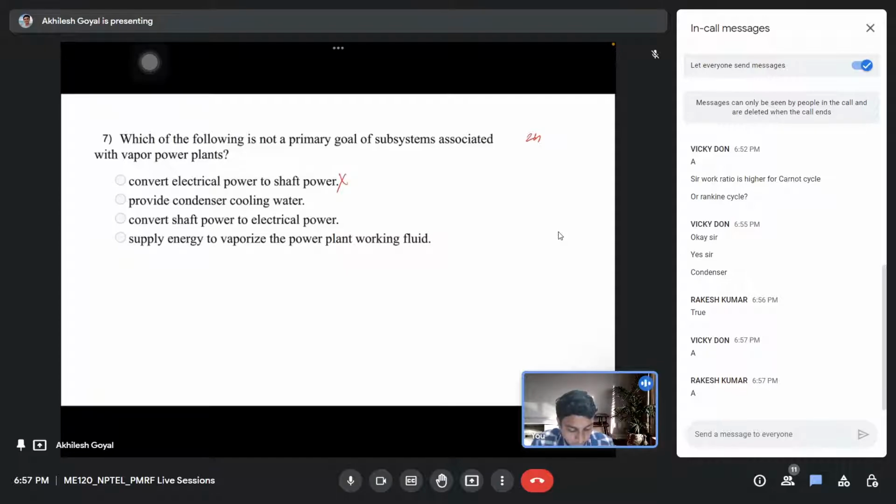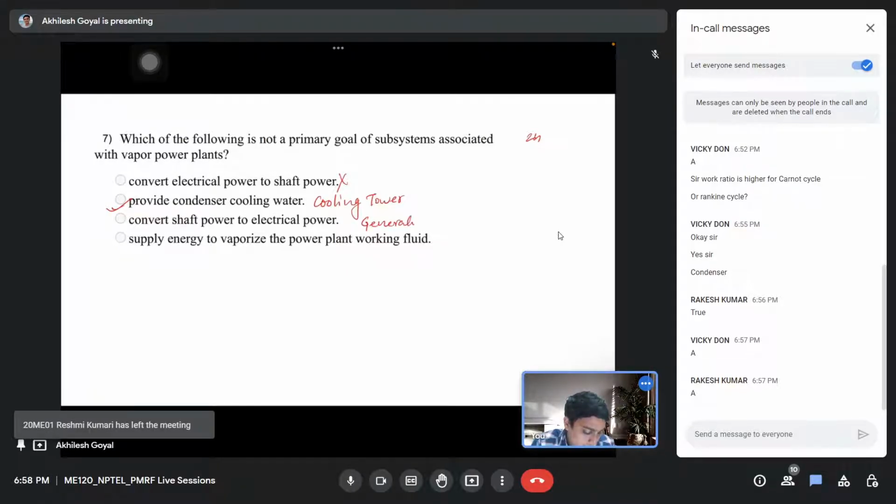Provide condenser cooling water. Which subsystem provides condenser cooling water? That is the cooling tower. Convert shaft power to electrical power. Which component converts?